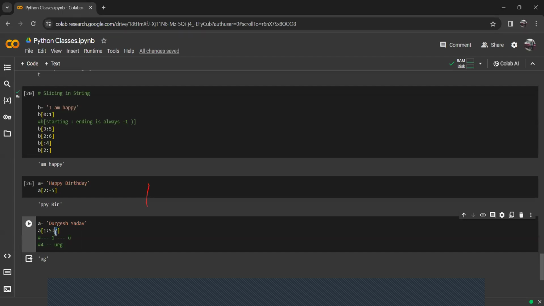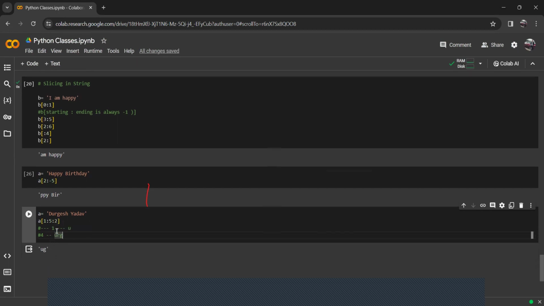So if I am writing 2 here, I have to subtract 1 from it, so the answer will be 1. Then I have to skip after every first letter. So U will be there, R will be skipped, and then again you will get G. That's why UG is the output.